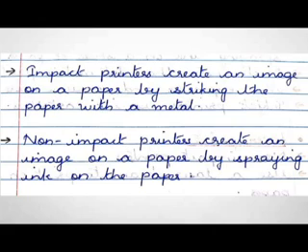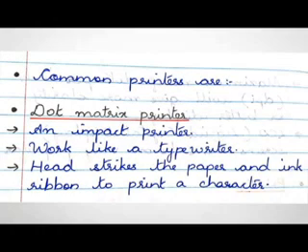In the case of impact printer, it will create an image on a paper by striking the paper with a metal. And in the case of non-impact printer, it will create an image on a paper by spraying ink on the paper. We can see some of the examples of common printers.